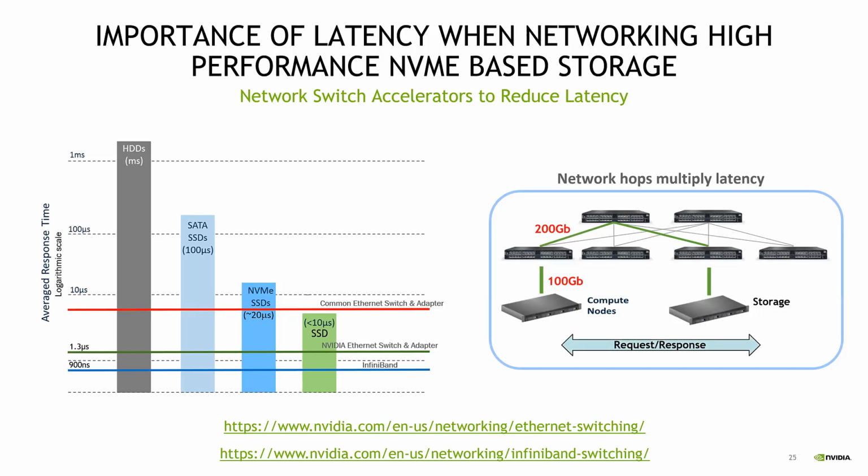Look what happens when we add a typical network architecture to the equation, here like a 3-tier Clos architecture. The latency numbers of the networking components are multiplied by 3 because of the 3 hops. And remember that NVMe over fabrics is a request-response protocol. So now you double that.